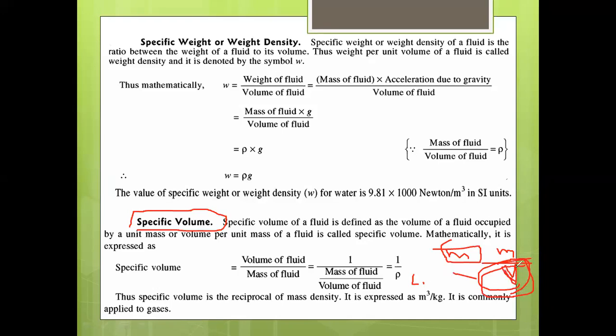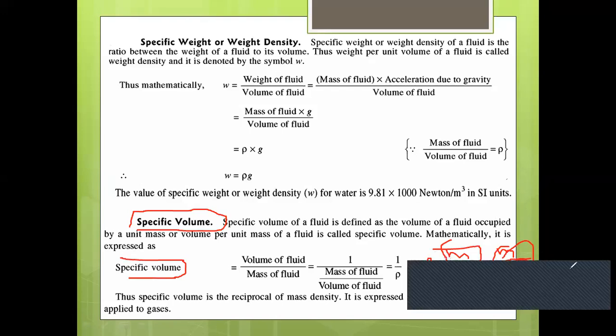Gases are compressible, and under pressure the volume of the gases may change, so this property will also change. In any closed system, the mass density of gases will not remain the same, it will keep changing as per the change in pressure.